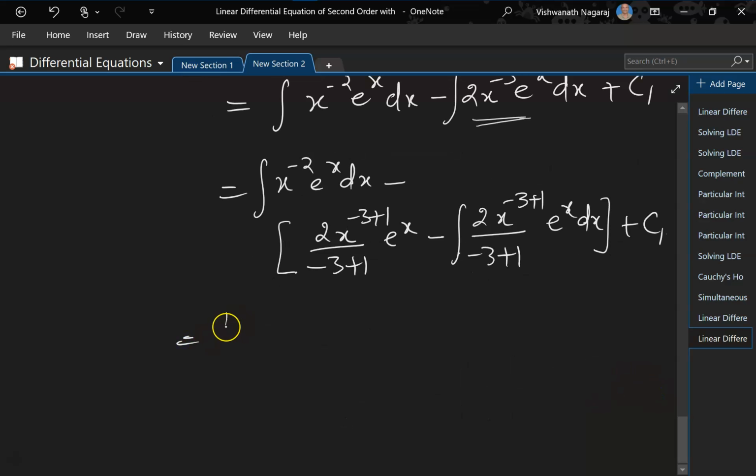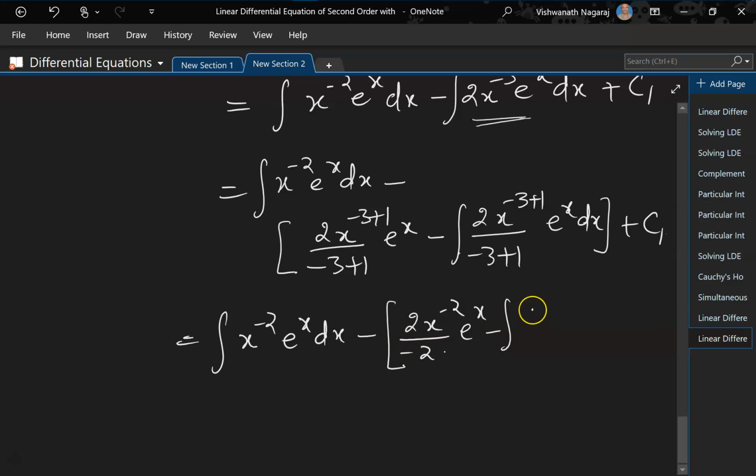Now let's simplify this: x to the power of minus 2 e^x dx minus 2x^(-2) by minus 2 e to the power of x minus the integral of 2x^(-2) by minus 2 e^x dx plus c1.